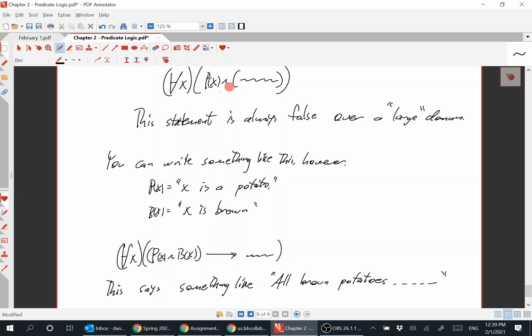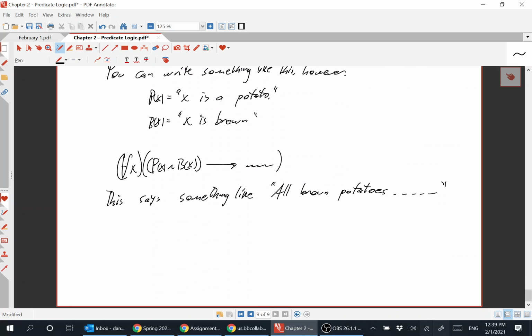That's different than this. This is everything is a potato and statement. Okay, because it's in parentheses here. If you're just trying to hook together identifiers, something identifying potatoes and something identifying brown things, and you want to identify brown potatoes, you put them together like that. Okay, so that's warning number one.